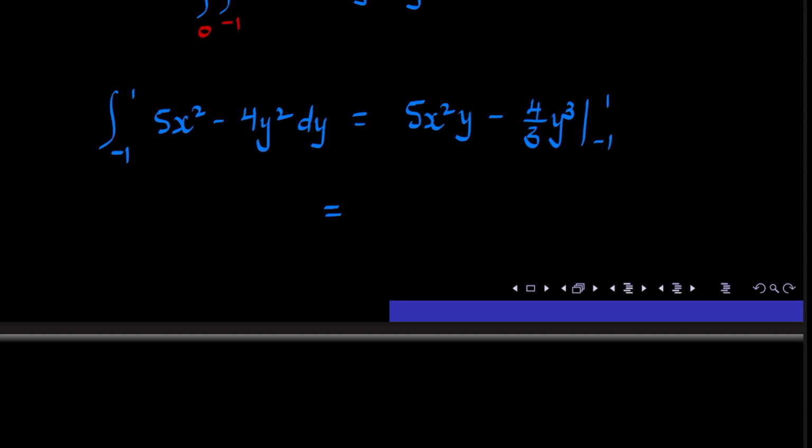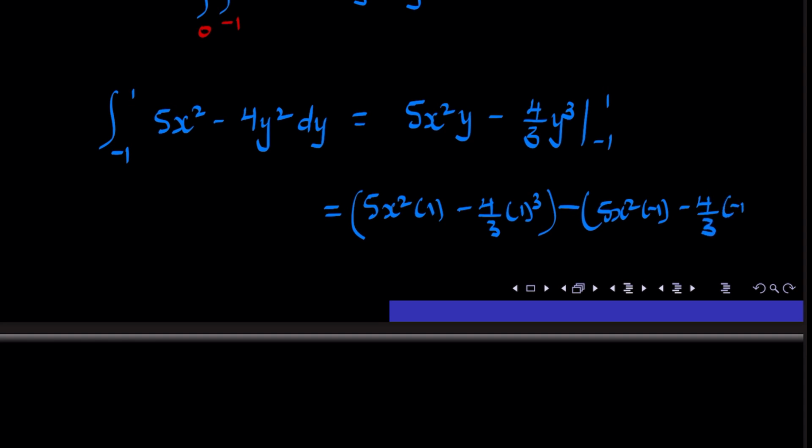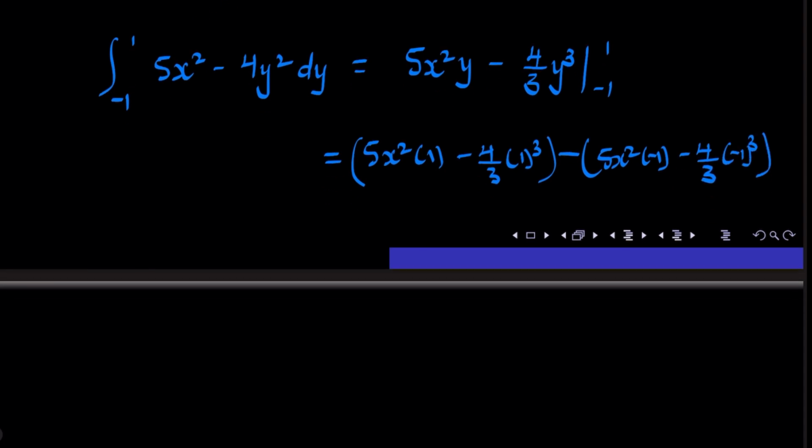Here we're now substituting the range of integration, so that's going to give us 5x squared times 1 minus 4 on 3 times 1 cubed, then minus that of the lower range of integration. So we are going to have 5x squared multiplying -1 minus 4 on 3 times -1 cubed.